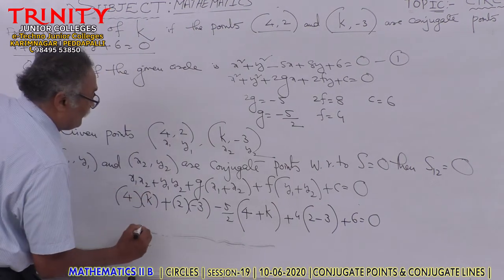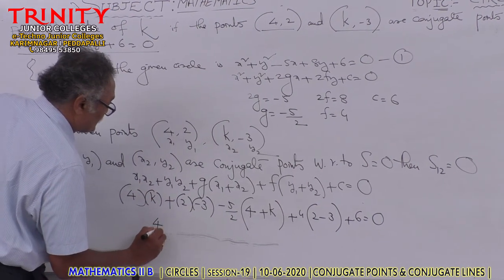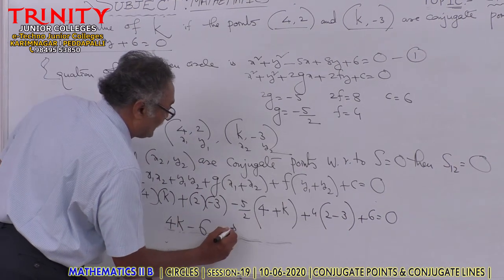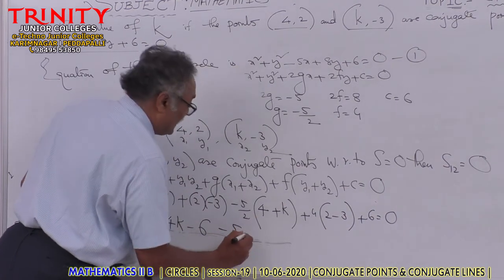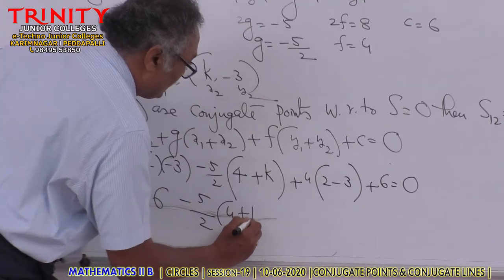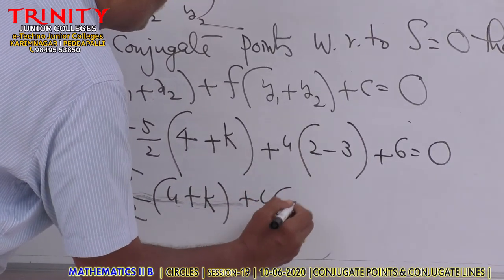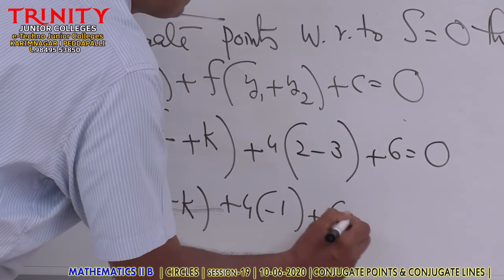Here 4k minus 6 minus 5 by 2 into 4 plus k plus 4 into 2 minus 3, minus 1, plus 6 equals to 0.